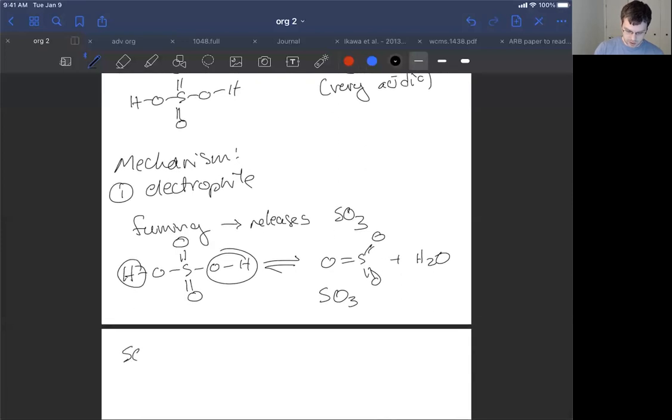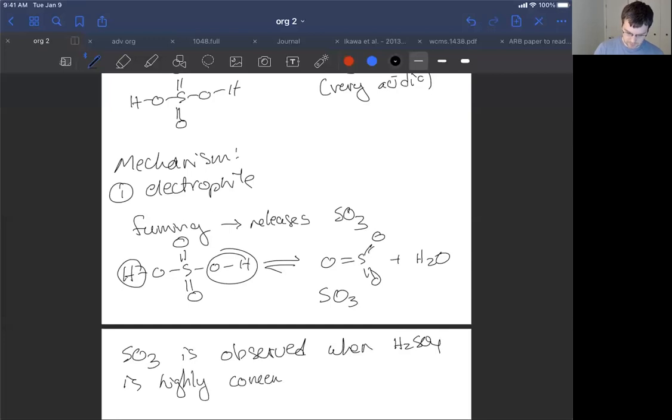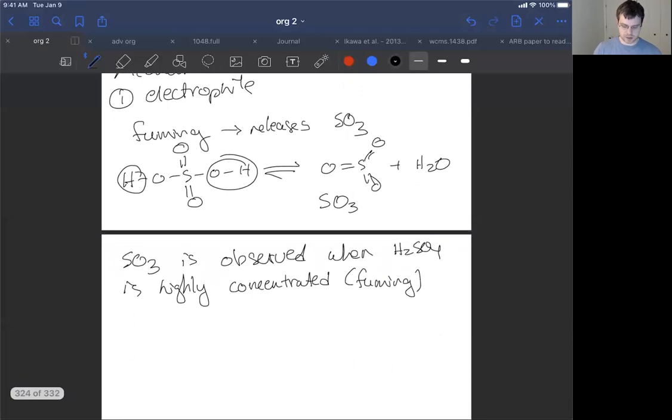So SO3 is observed when sulfuric acid is highly concentrated, that is to say when it's fuming, okay? So we're releasing SO3. You can see this equilibrium.